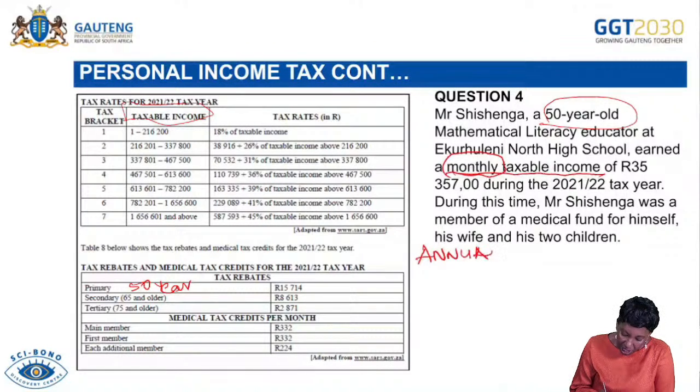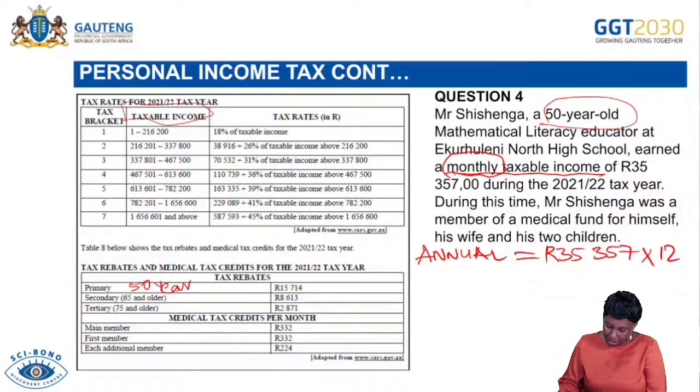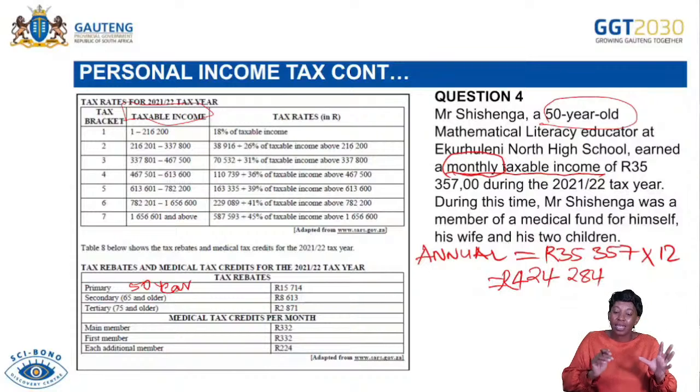Annual salary for Mr. Shishenga, it will be 35,357 multiplied by 12. It will give us an annual salary of 424,284.